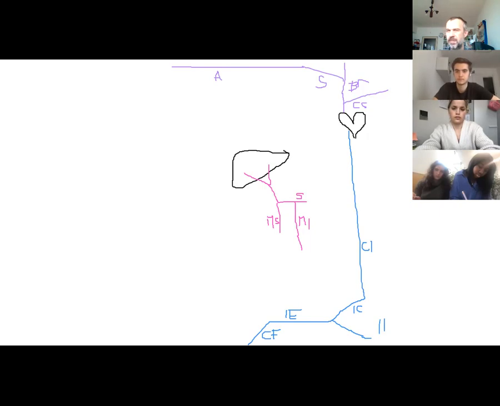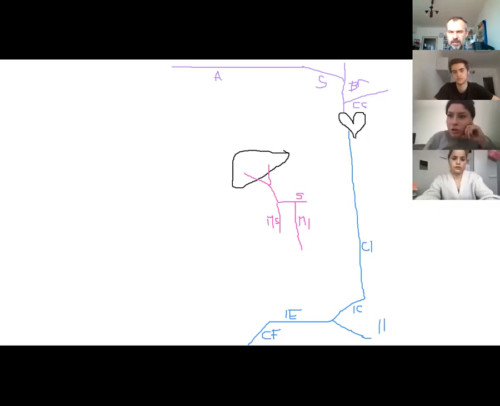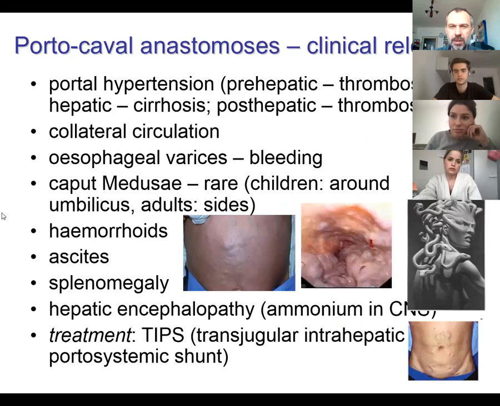So what happens? Necrosis does not happen. But what happens? Now you see the screen finally.